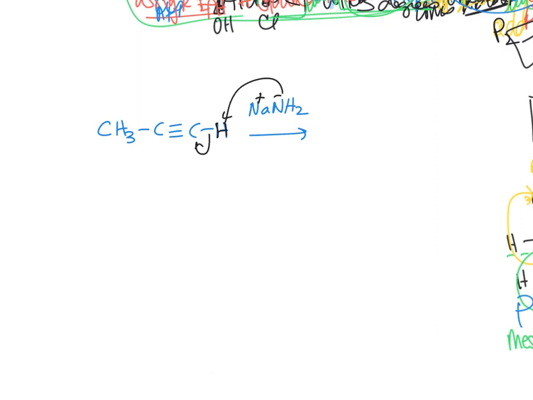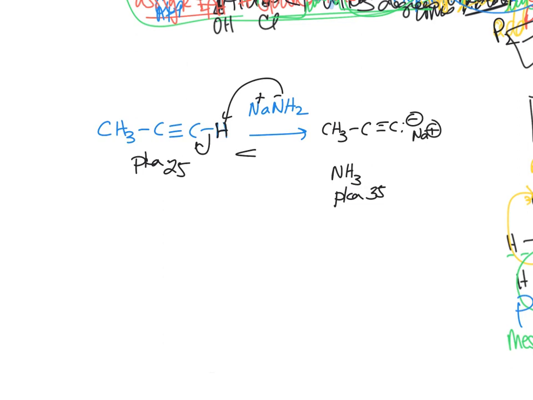You should be able to do this reaction, right? And then you make NH3, which is ammonia, pKa 35. What's the pKa of this? 25. Okay, so it's definitely going to make this molecule here in sodium amide, which is a strong base.